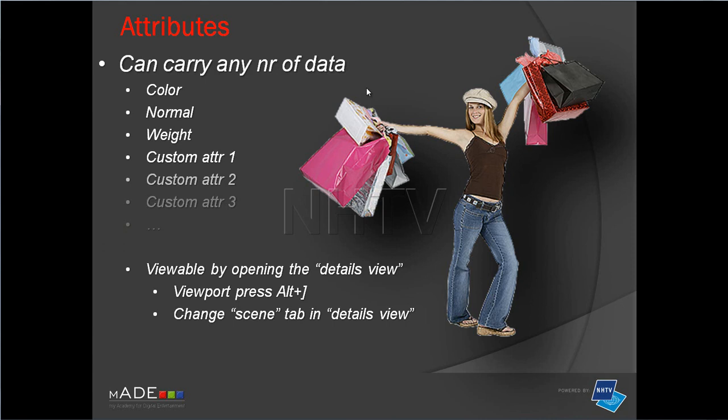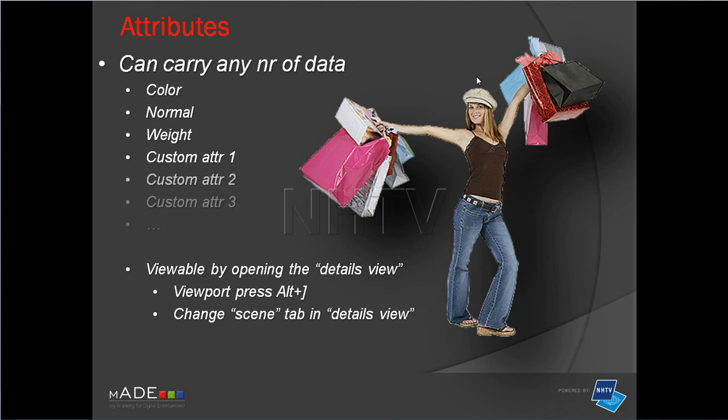So that's one that needs to be there. But there are other ones which are not so necessary, but which are recognized immediately by the system. For example, you have a color attribute, or a normal attribute, or a weight attribute, like the tree we see over here. But you can add as many attributes as you want. Custom attribute 1, custom attribute 2, 3, you can name them whatever you want.